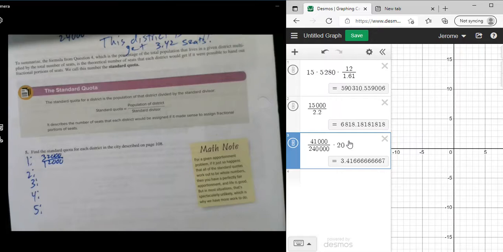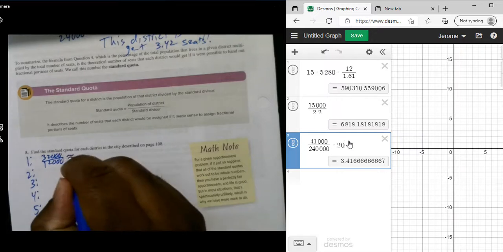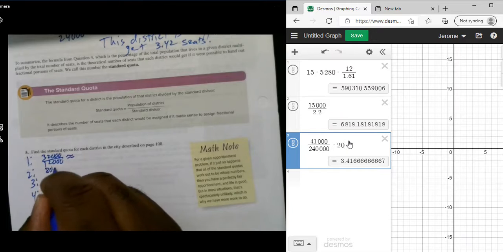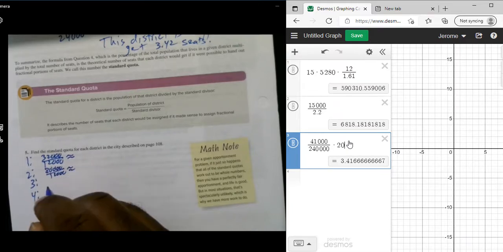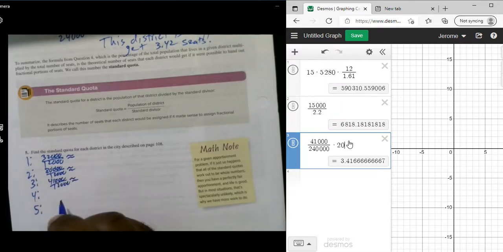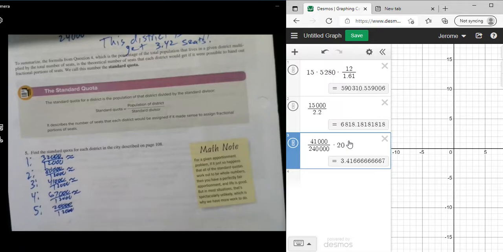So that was 12,000. And we're going to round all of these to 2 decimal places. District 2 was 80,000 divided by 12,000. District 3 is 41,000 divided by 12,000. District 4 is 67,000 divided by 12,000. And District 5 is 20,000 divided by 12,000.